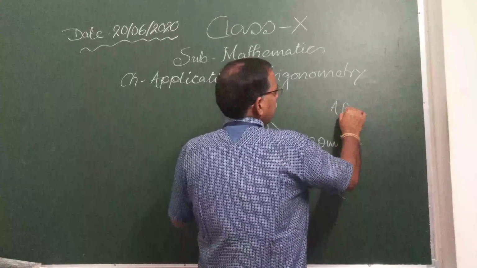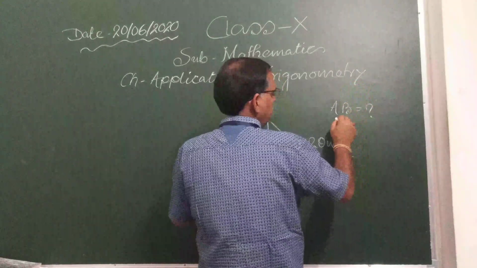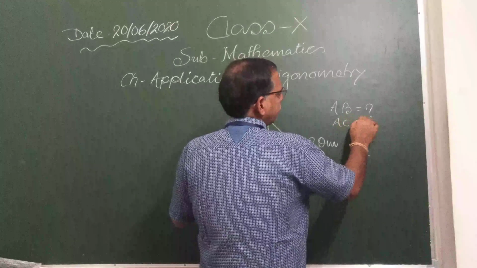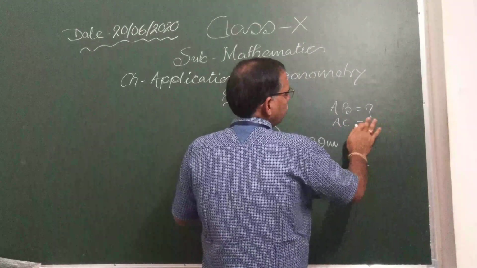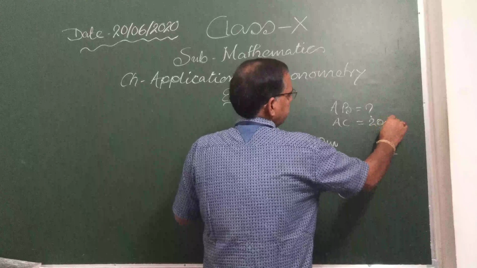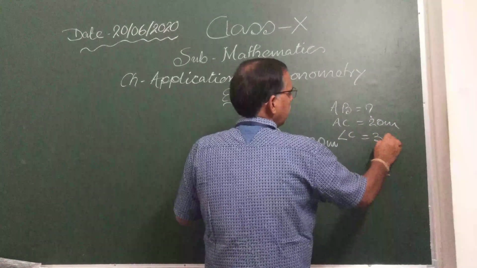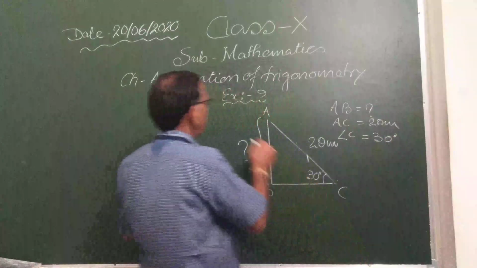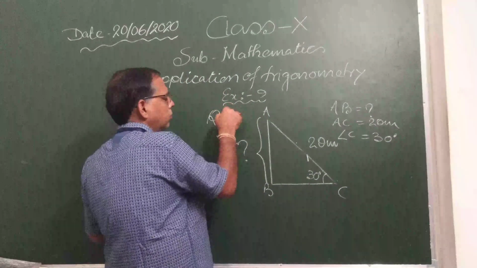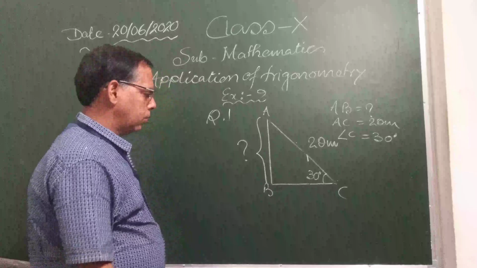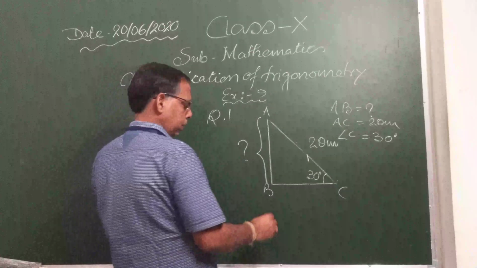So see here, AB equal to question mark, AC equal to 20 meter, angle C equal to 30 degree. Question number 1. Diagram already given. So then what you have to do?